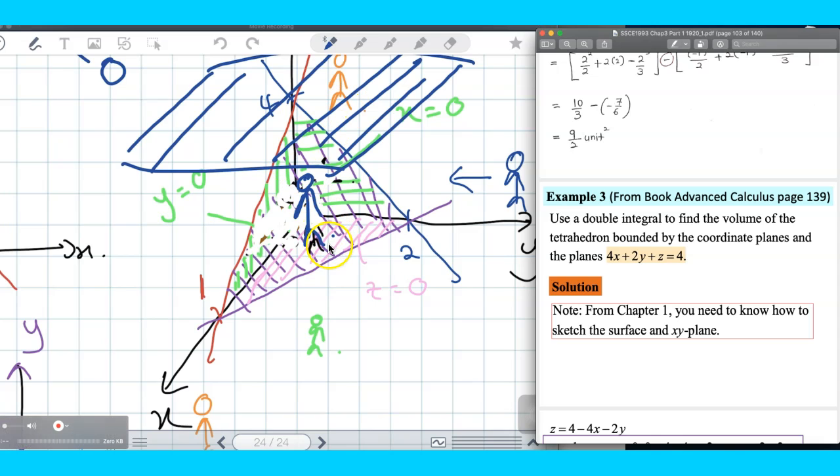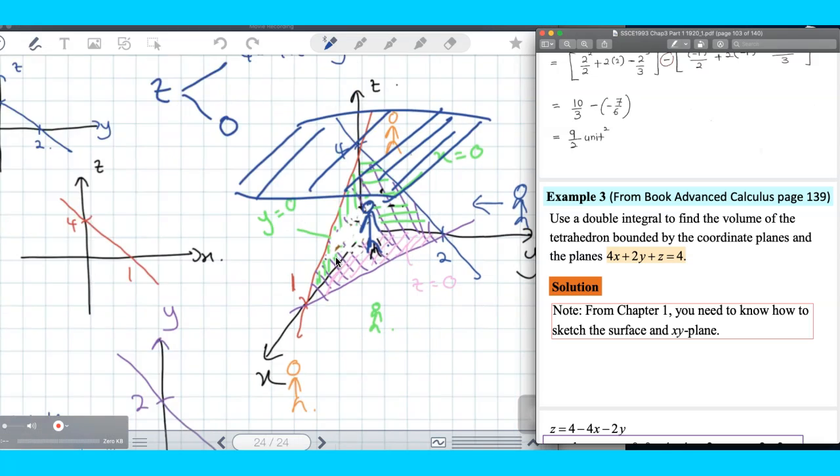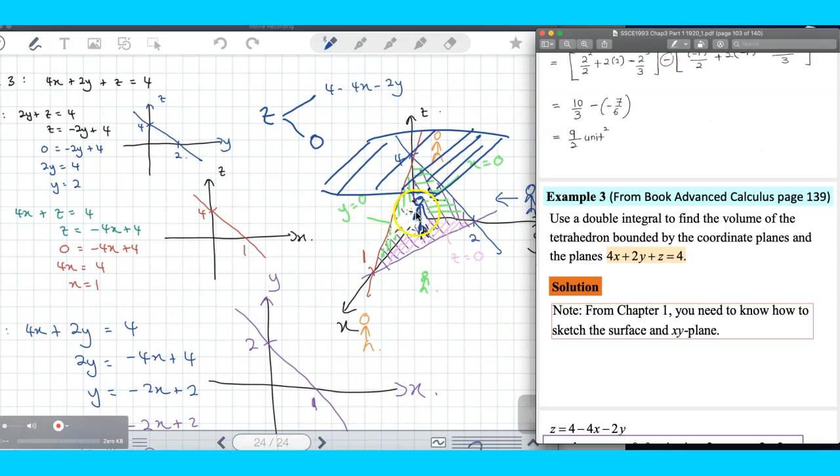Okay, so maybe you might wonder, if someone asks me, how can I determine the region? Firstly, you have to decide which region you have. In this case, I'm choosing this direction. I'm standing like this, so my region is on the xy plane.